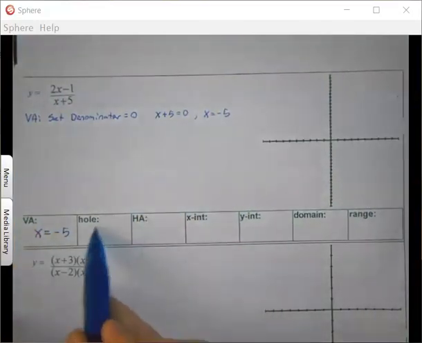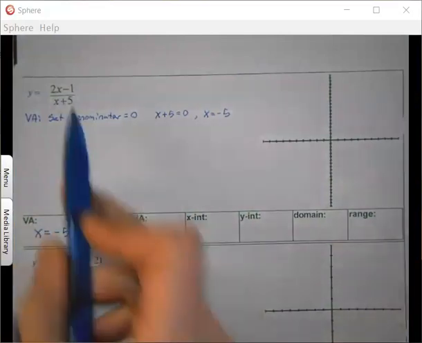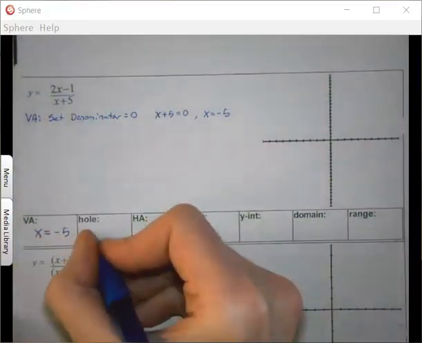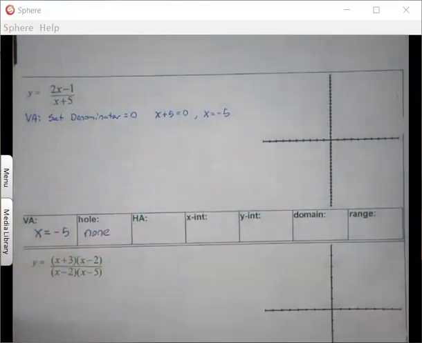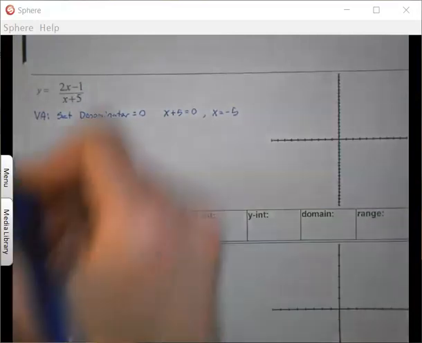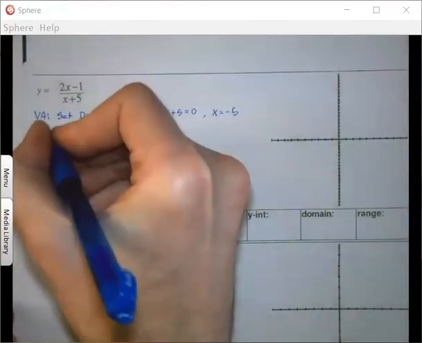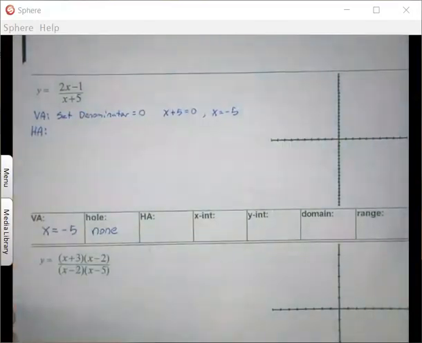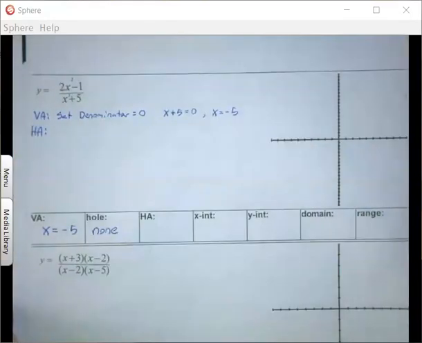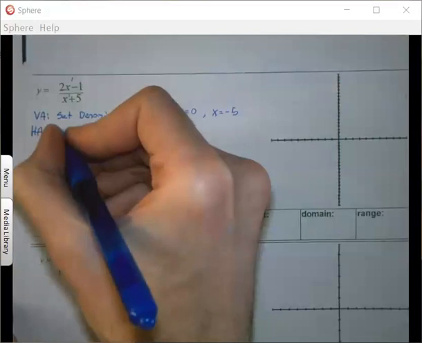Again, a hole occurs when we are able to cancel factors. Nothing here we can cancel, none. Horizontal asymptote. So we're going to start by looking at the degree. Top is a first degree, bottom is a first degree. So the degree is the same.